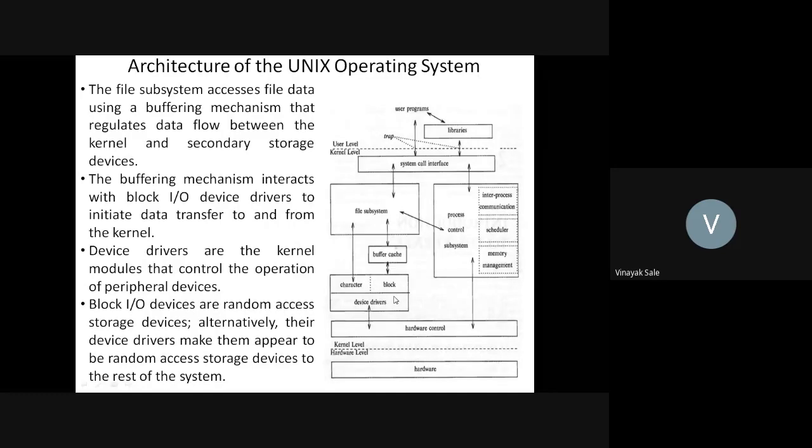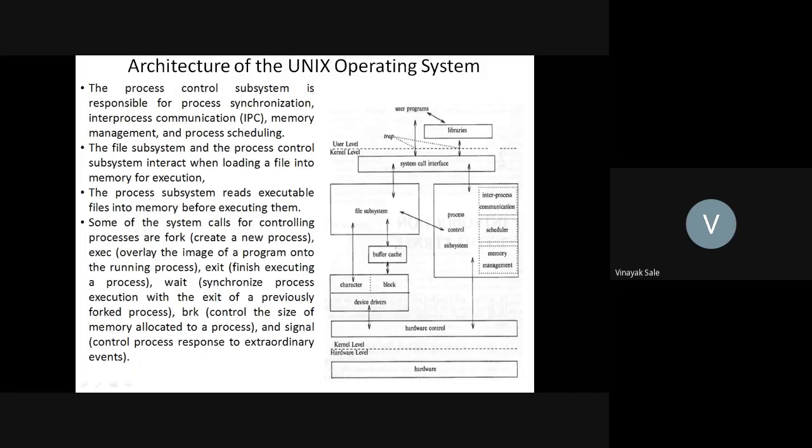The block input output devices are random access storage devices. Alternatively, the device drivers make them appear to be random access storage devices to the rest of the system. This is the case for the file subsystem.